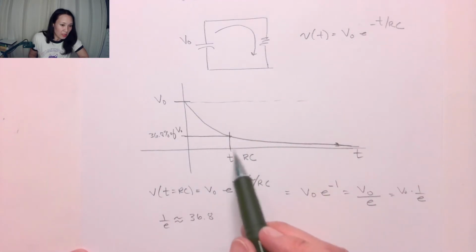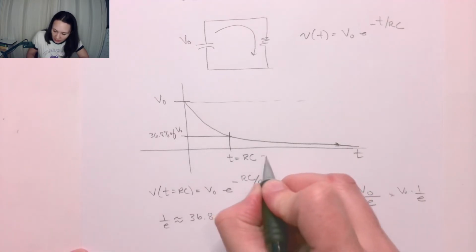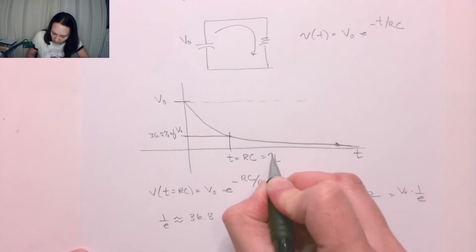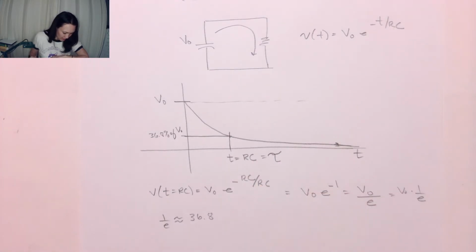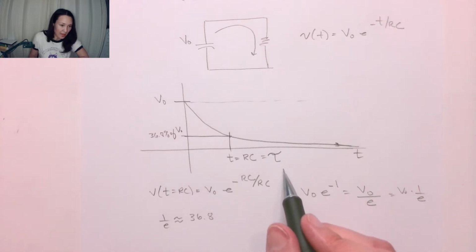Now this particular milestone of t, we give it a special name. We call it tau. It's denoted with this squiggly line there. So this is our time constant tau.